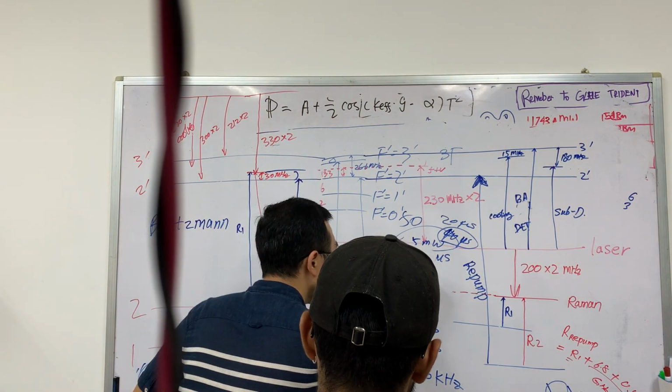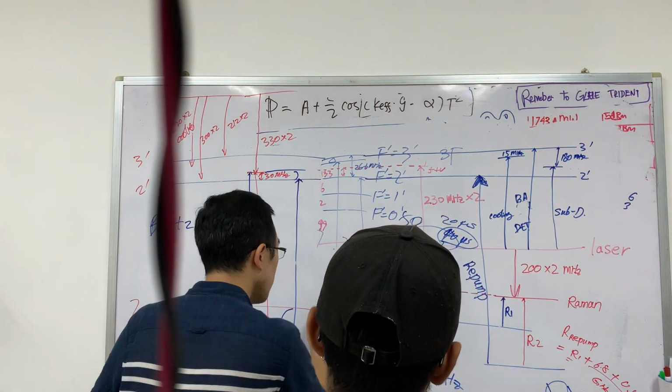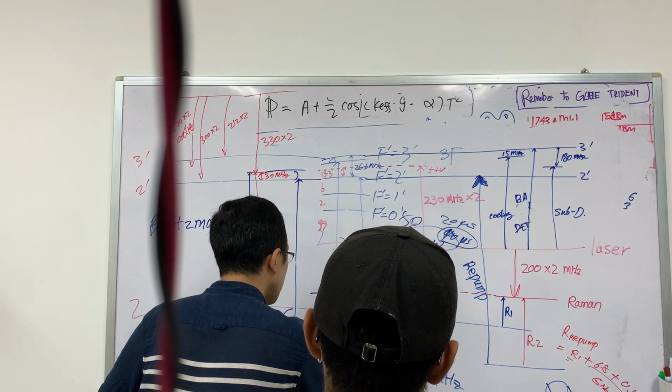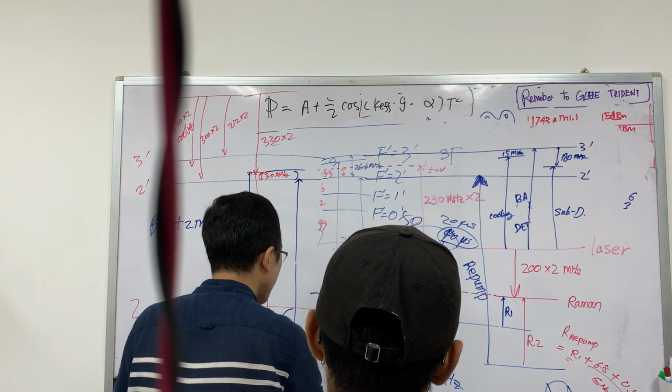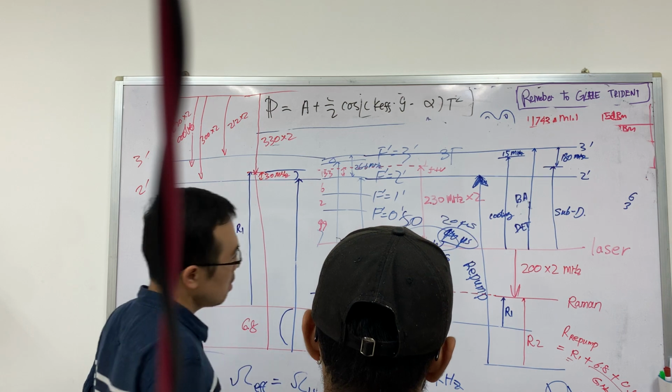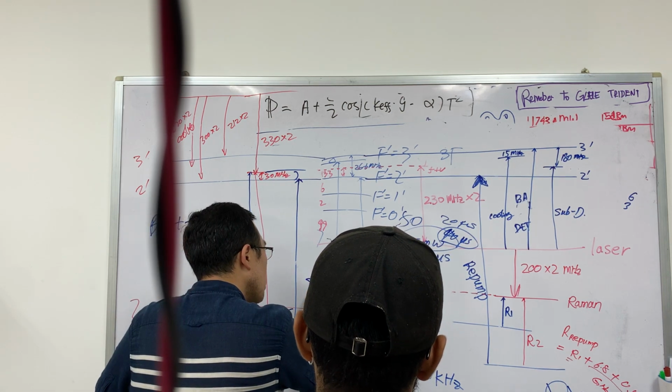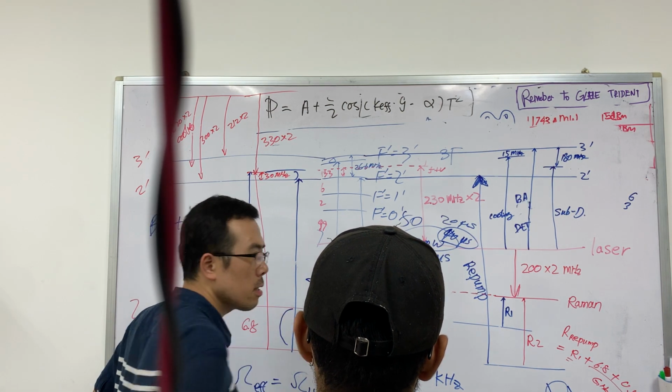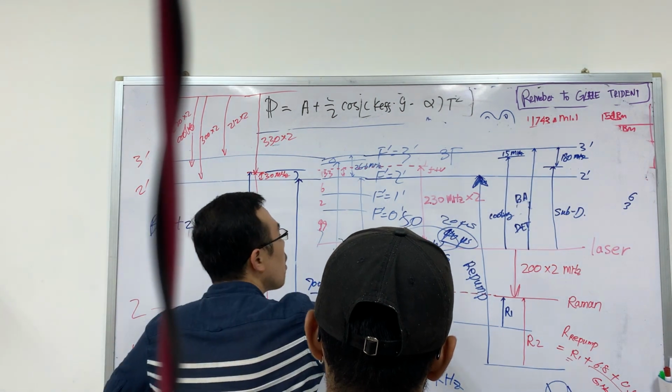And this state 2,1, 2,-1, when I drive this one, that is 700 kilohertz away. That means they are off.